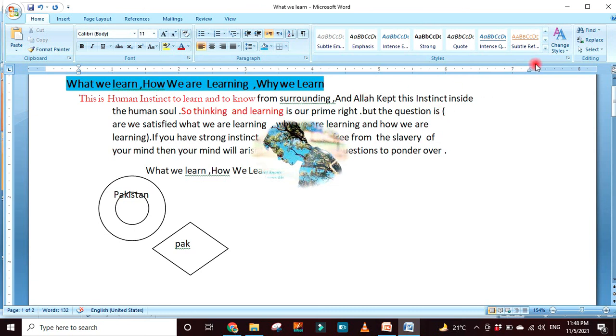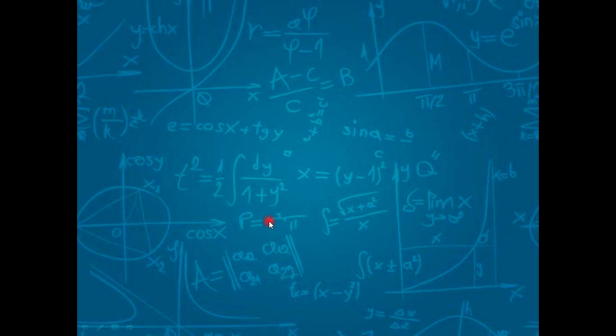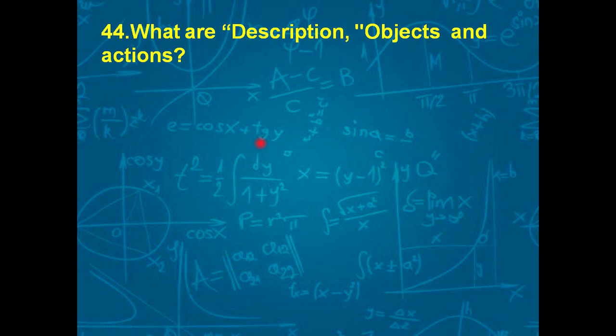The next question is, let's see what's the next question. What are the description, objects and actions? Descriptions mean to write something in detail. Let's say we have a picture description, we solve it in Microsoft Word English.